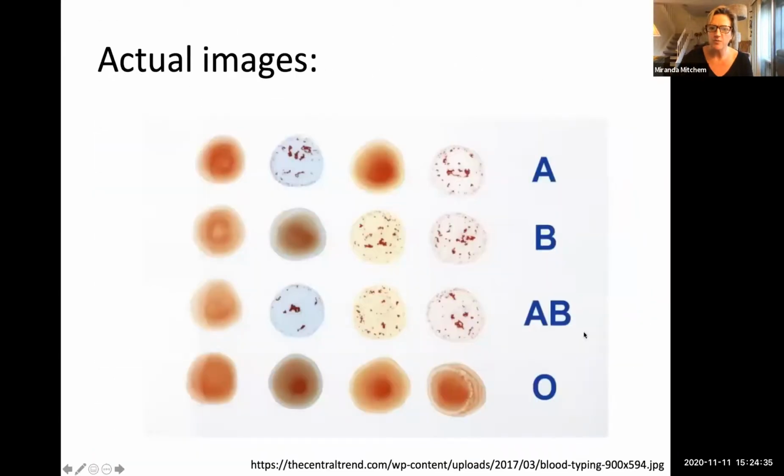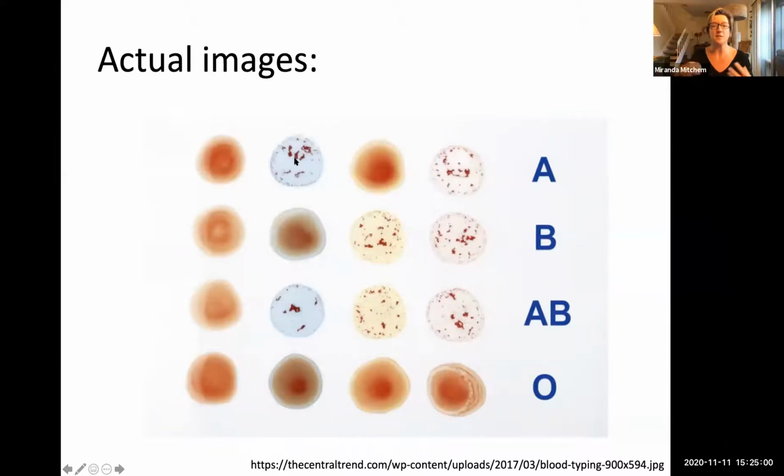So this is a picture of what agglutination and, well, non-agglutination looks like. So a person that is blood type A, there is no reaction with A. So this would be A, this would be B, or it could be B. And then you can see, this here is showing agglutination.